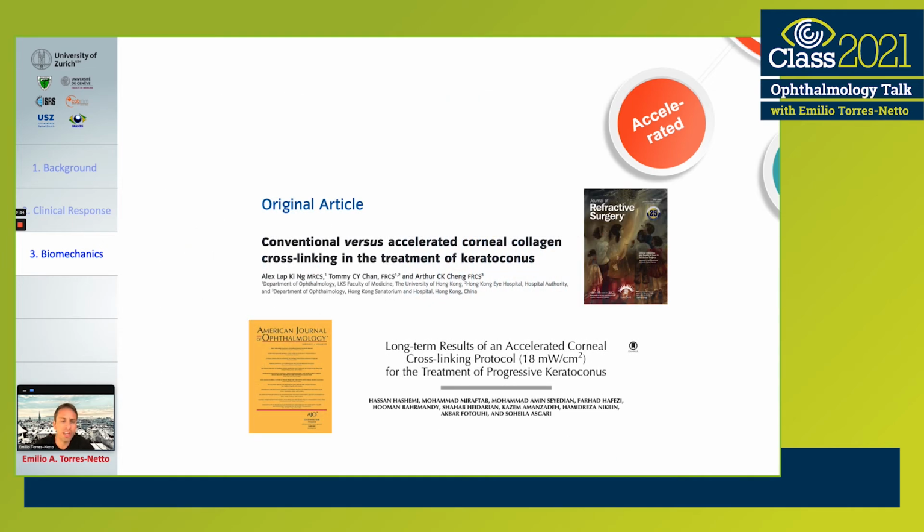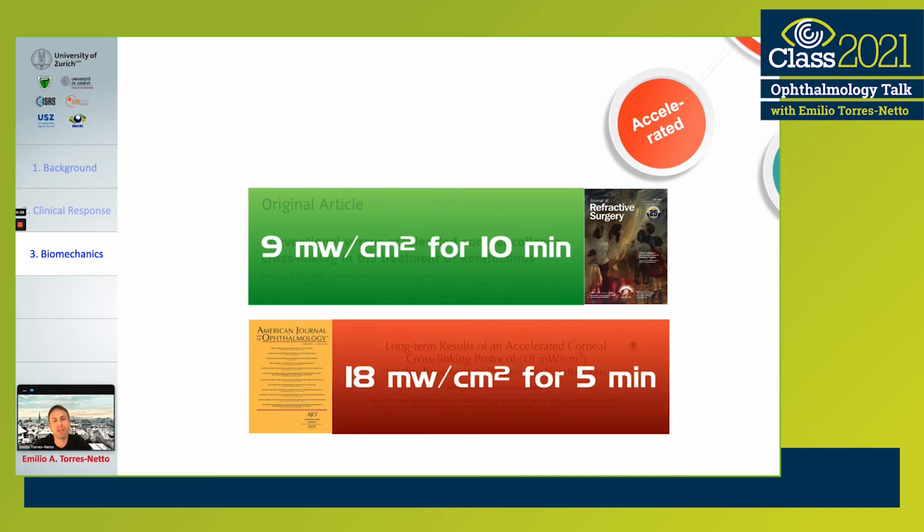In summary, so far the articles show that accelerating up to 10 minutes, the biomechanical effect should be clinically satisfactory. But if we go so fast, for example 5 minutes, the clinical stabilizing effect does not seem to be as we would desire.